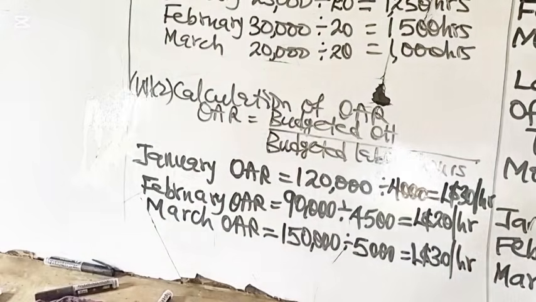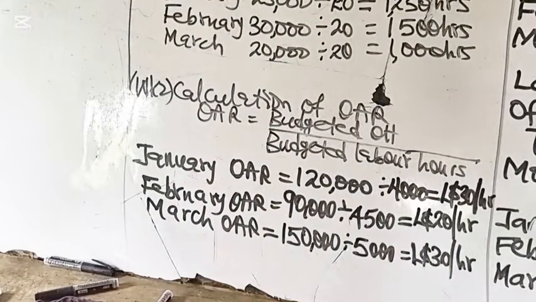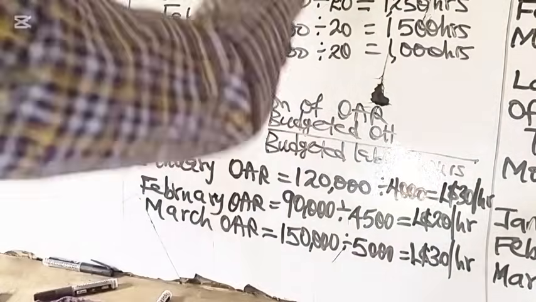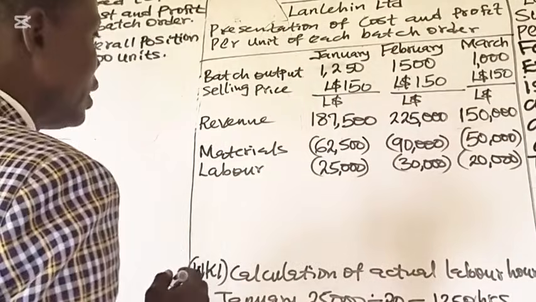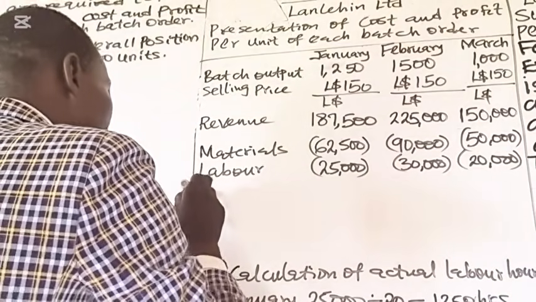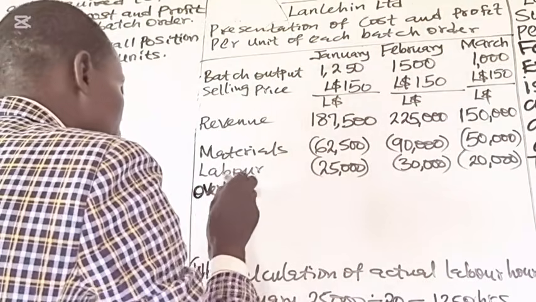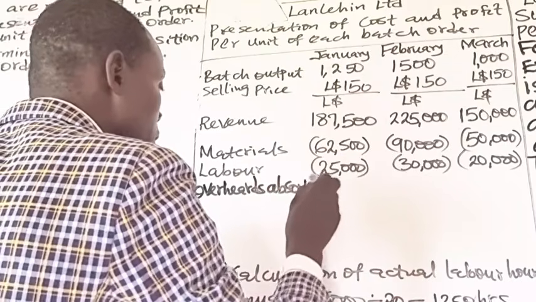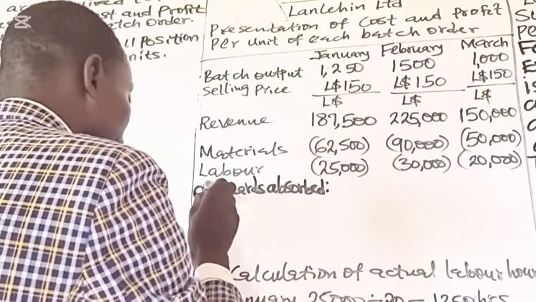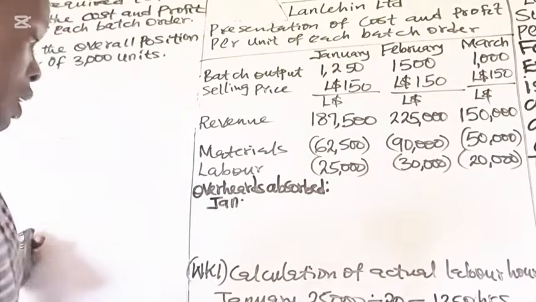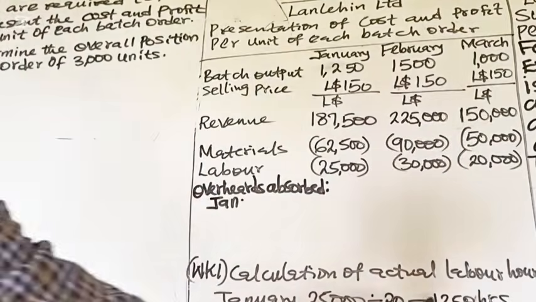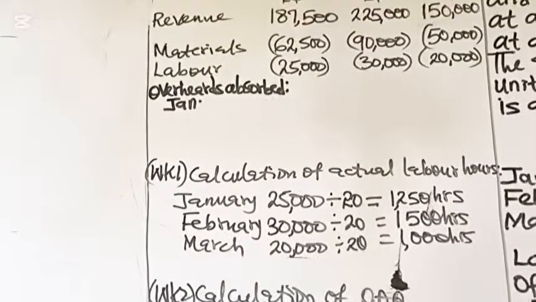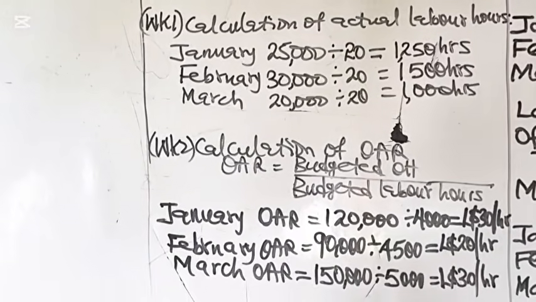Now that you have computed the overhead absorption rate, we can use it to absorb overheads to the product. How much will now be the overheads absorbed? Overheads absorbed in the month of January: we got 1,250 labor hours, the actual labor hours used in January.